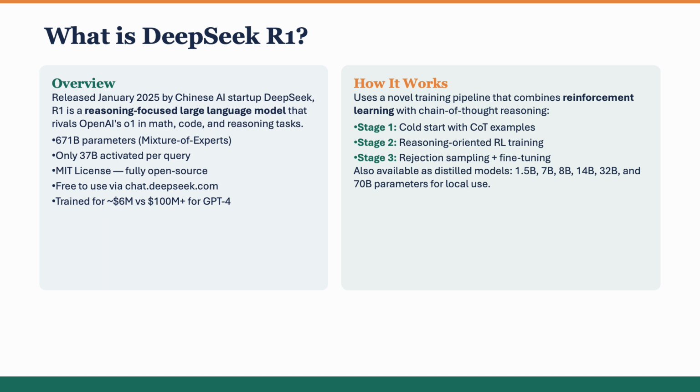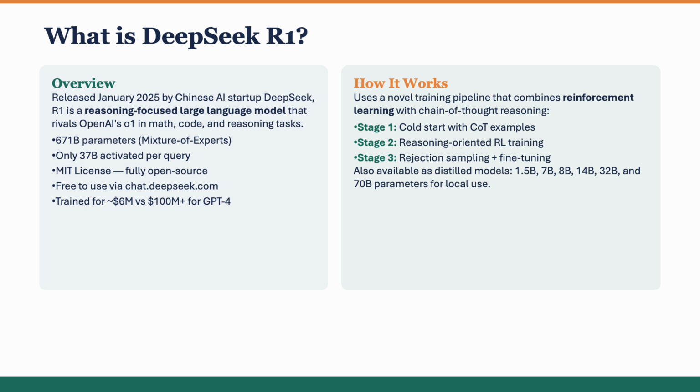DeepSeek also released distilled versions at 1.5 billion, 7 billion, 8 billion, 14 billion, 32 billion, and 70 billion parameters, based on Qwen and Llama model families. These smaller versions can run on consumer hardware, which is a game changer for researchers on a budget.